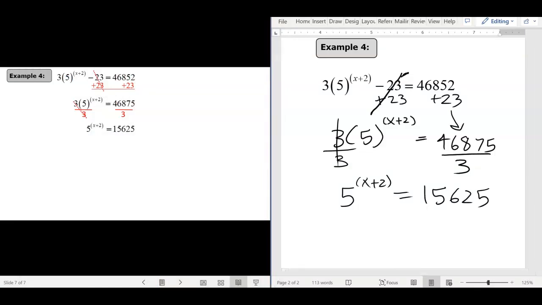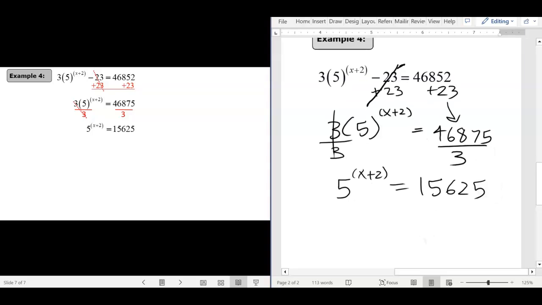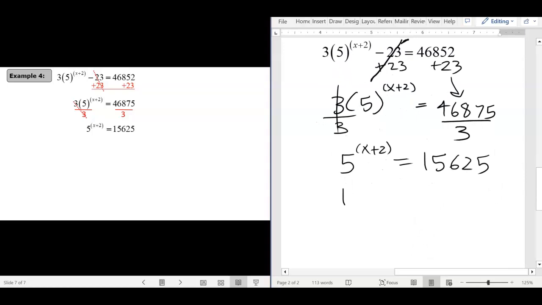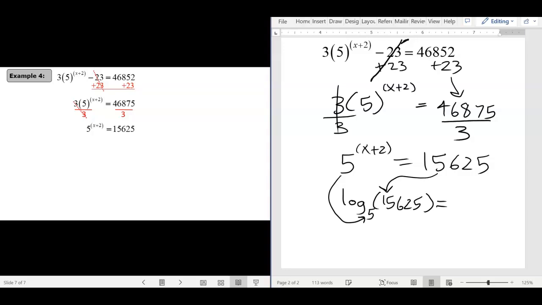All right, so now I want to convert this into a log. So I'm going to write the word log. The base becomes my little base. The argument is now 15,625. That equals the exponent, which is x plus 2.